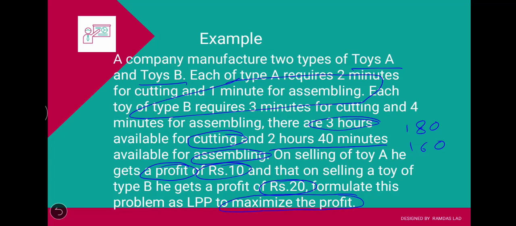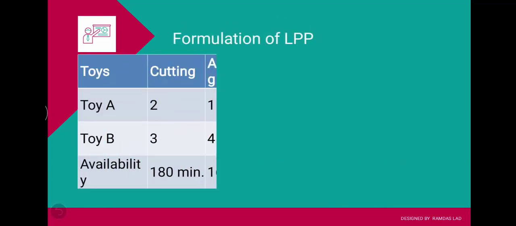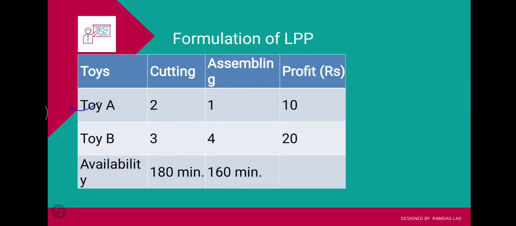So we have to make a very simple chart from this descriptive problem. It will look like this: products toys A, toys B, limitations cutting and assembly, and the objective function, maximize profit.